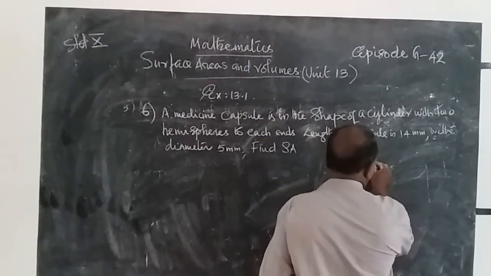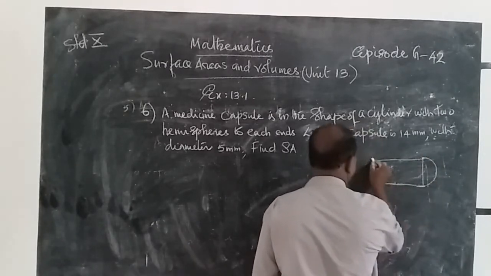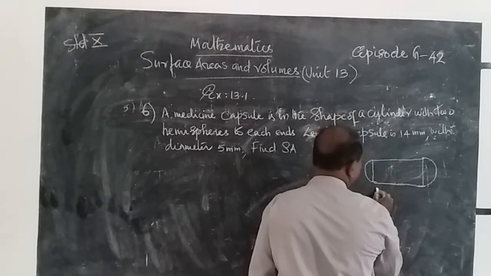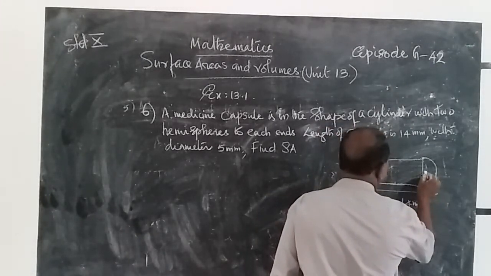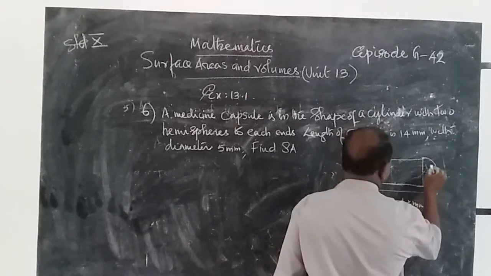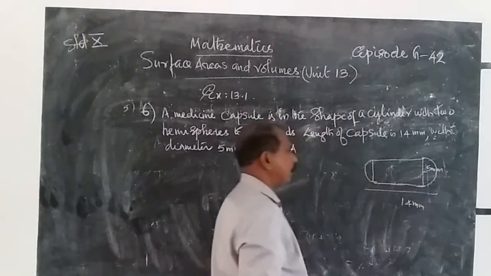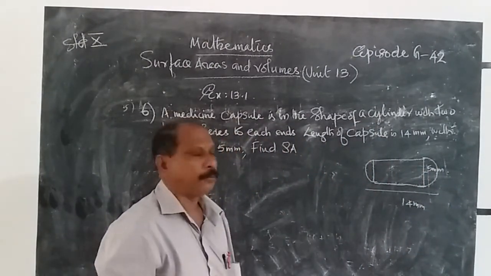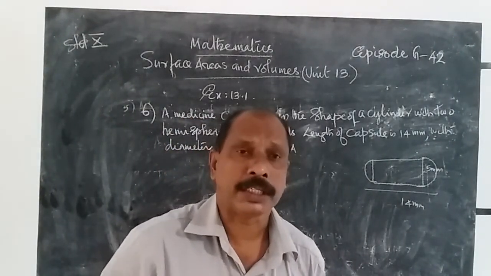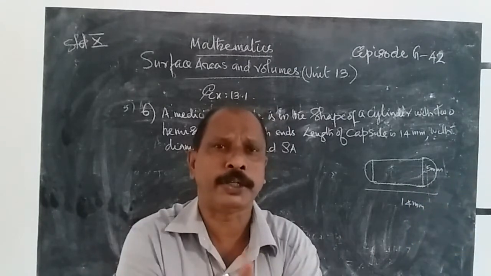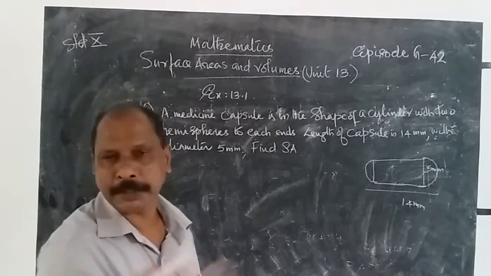Okay, that means this is the figure. And the total length is 14 millimeter. Diameter is equal to 5 millimeter. Surface area of the capsule means curved surface area of the cylinder plus curved surface area of two hemispheres. Two hemispheres joined together, we get the surface area of the sphere.